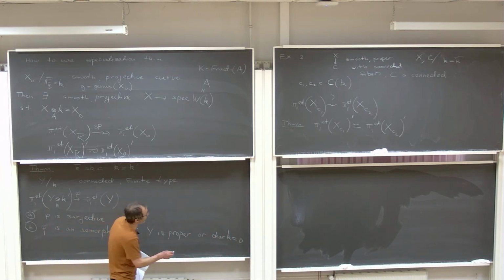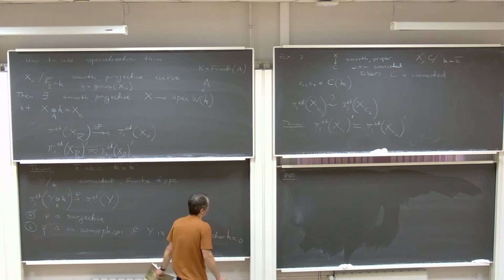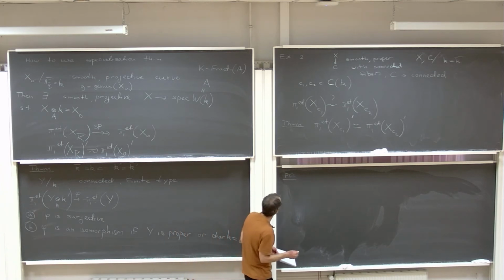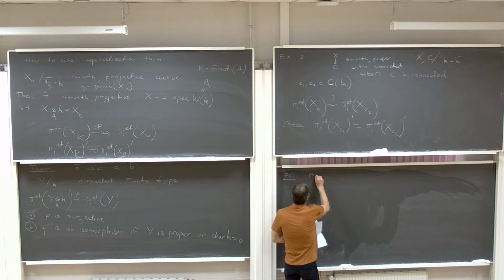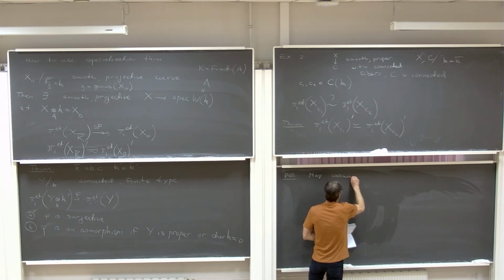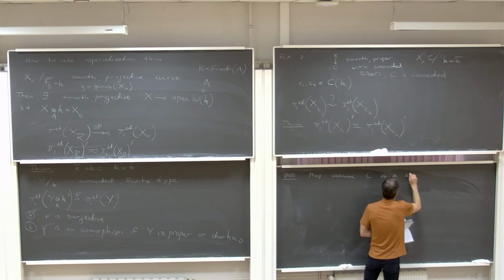Okay, so the proof is very simple, modulo the results that are already on the blackboard. First of all, we may assume that C is a smooth curve.